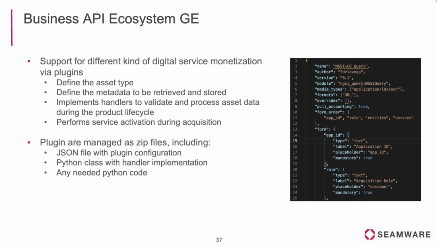So you may have a handler that is called when a service is created, a handler that is called when a service is added to a product, a handler that is called when the product is added to an offer, and the most important one, the one that is called when the offer is purchased. So you have this code, and you are able to do whatever custom behavior, whatever custom validation, whatever custom procurement you need for your particular service type during the management of the life cycle of your services.